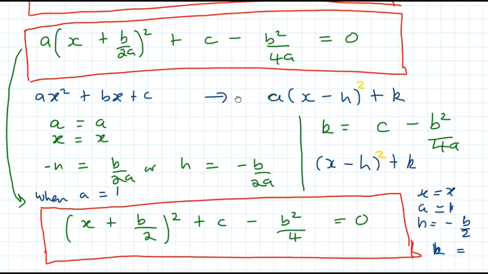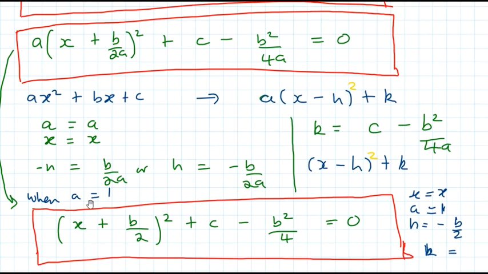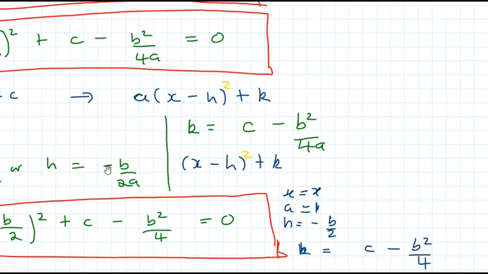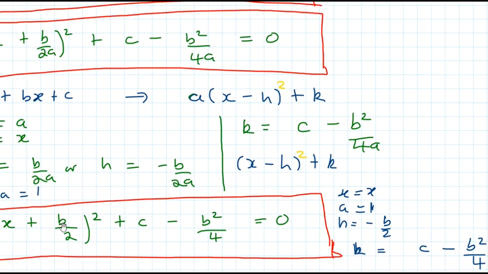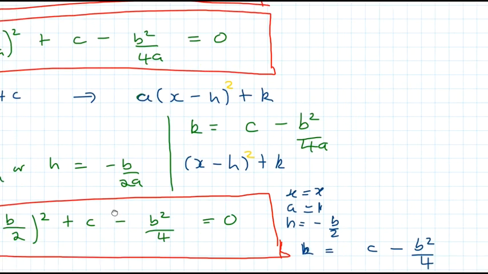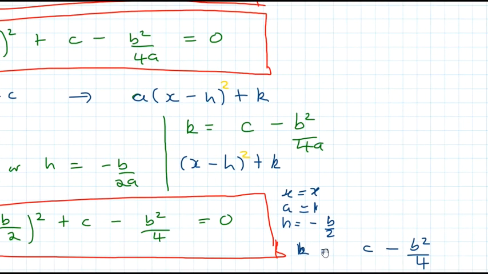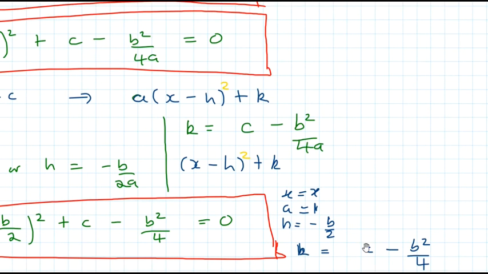I also compared with the vertex form when a is 1, where a is 1 and x is x, and h here was b over 2a, and k was c minus b squared over 4.